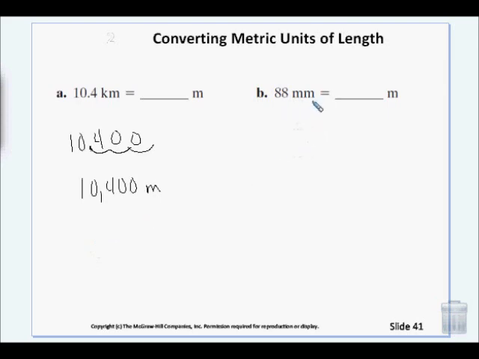If I start with millimeters and I want to go to meters, I'm going up the staircase, right? My decimal starts here at the end. So this is centi, deci, meter. That's my new decimal point, so it's 0.088 meters.